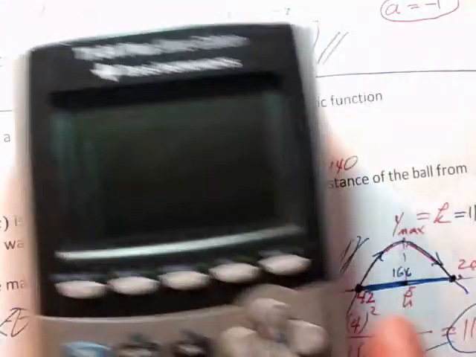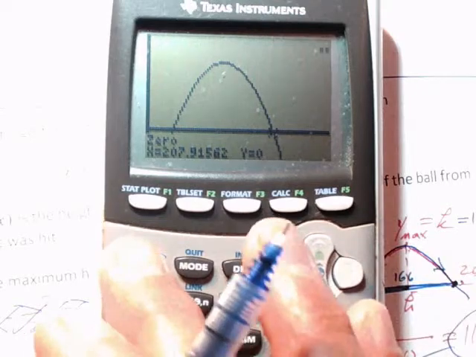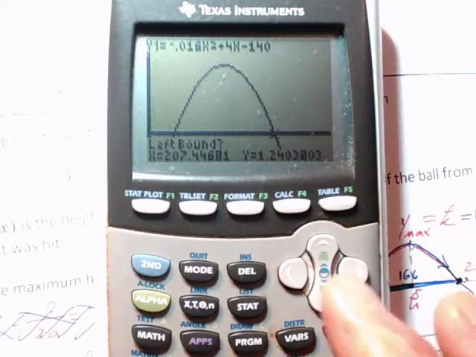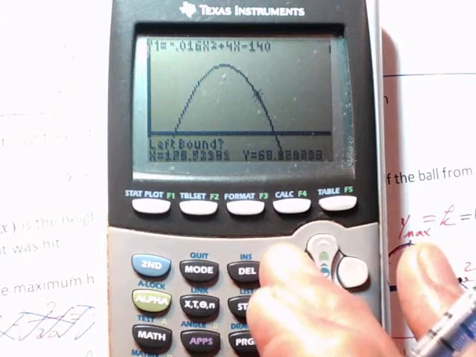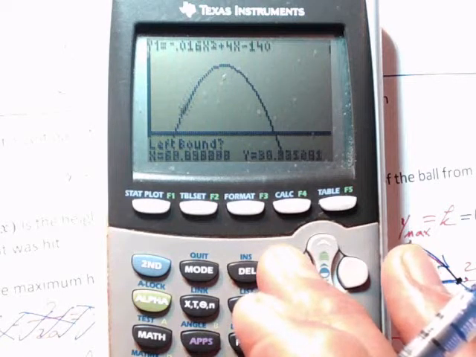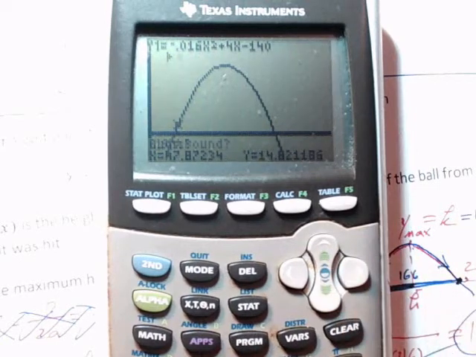Then to get the other one, second trace, number 2 again, with the cursor on the left side. Put it on the right side, enter and enter.